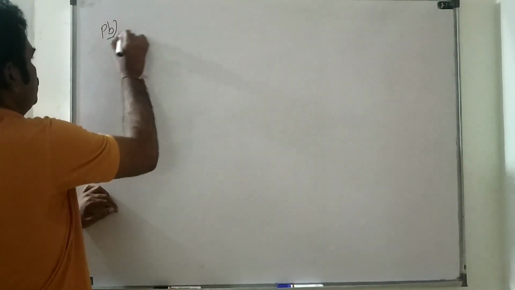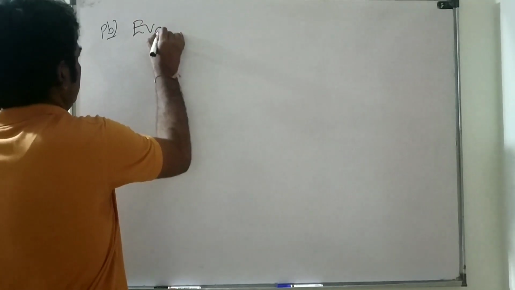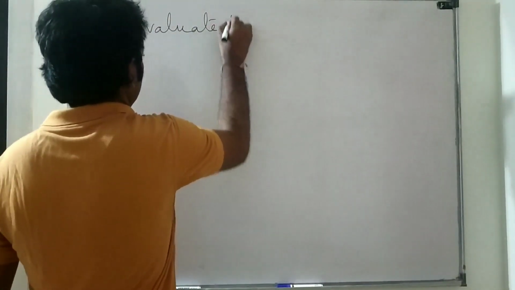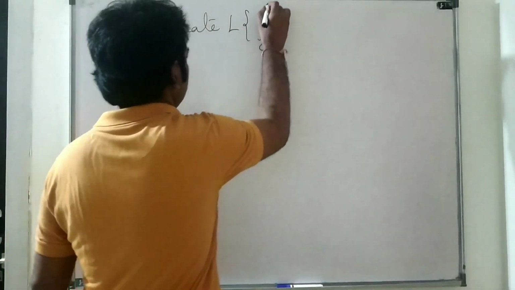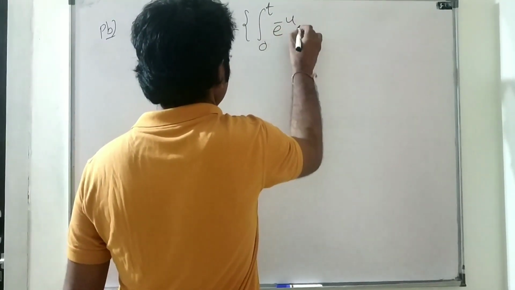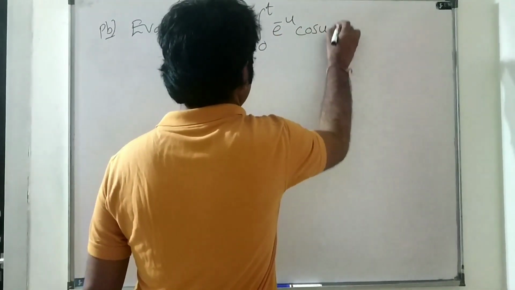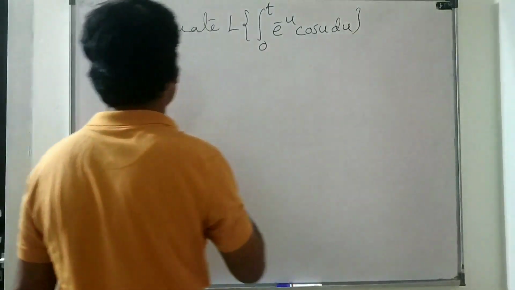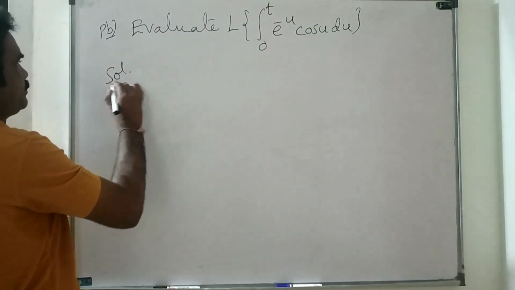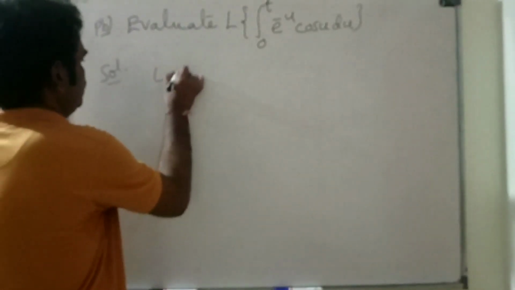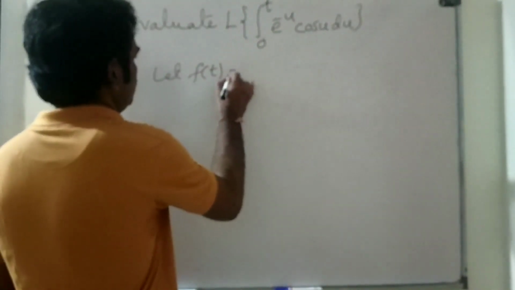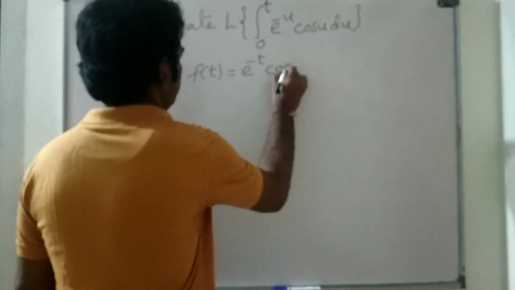Problem. Evaluate L of integral 0 to t e power minus u cos u du. See the solution. Let f of t equal to e power minus t cos t.